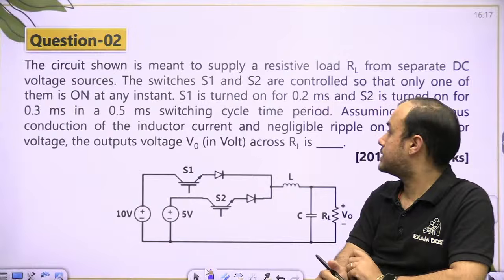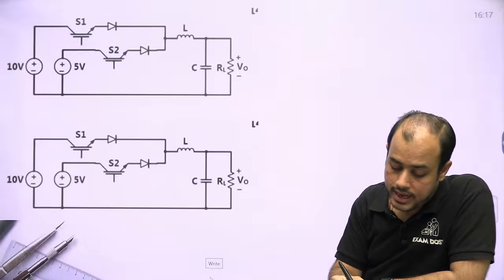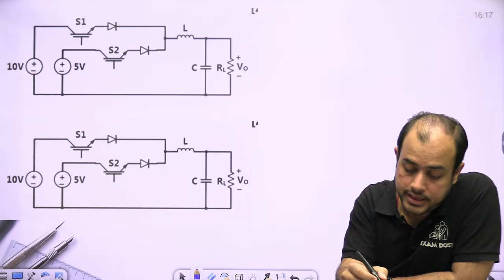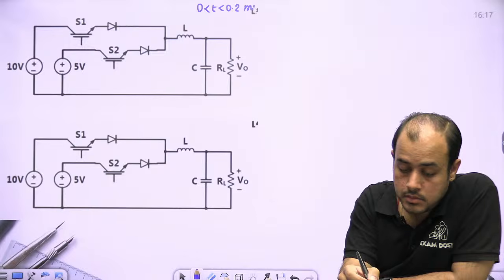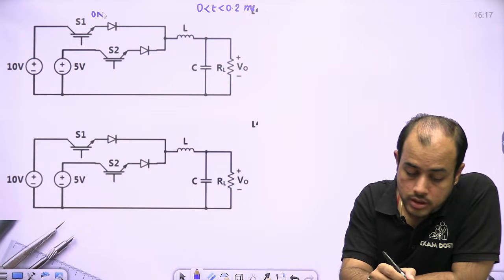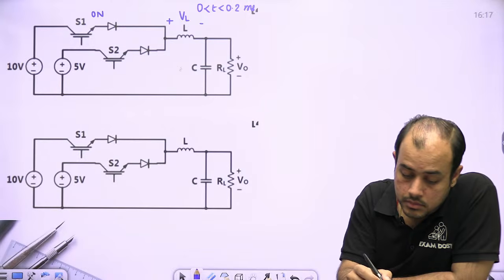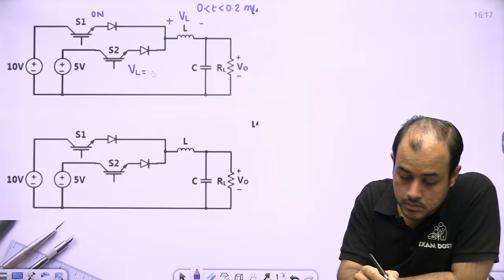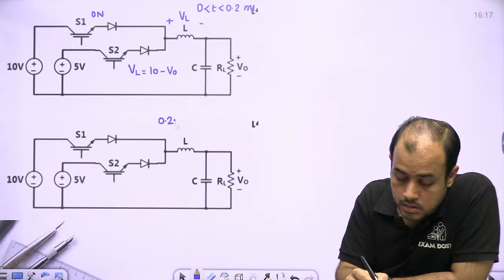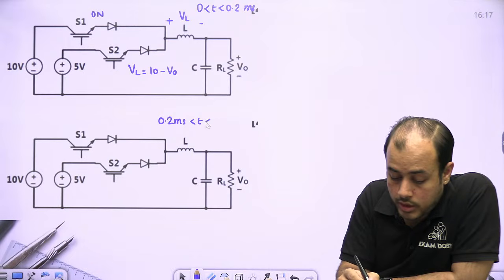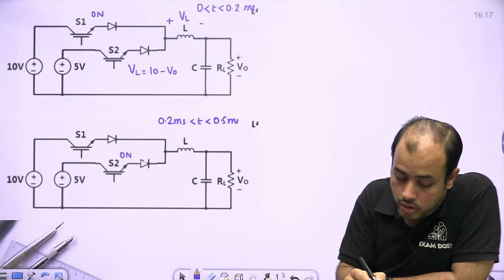So the question says S1 is turned on for 0.2 millisecond, S2 for 0.3 millisecond. This one will be on. For next 0.3 millisecond, S2 will be on.